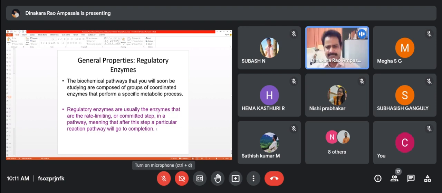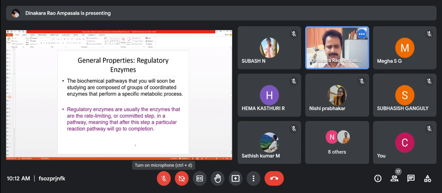In this pathway, some stages will have a checkpoint we can call the rate limiting reaction or committed reaction. If you cross that committed reaction, that reaction will eventually go to completion. That particular step we call a rate limiting or committed step, and the enzymes involved in these stages we call regulatory enzymes.